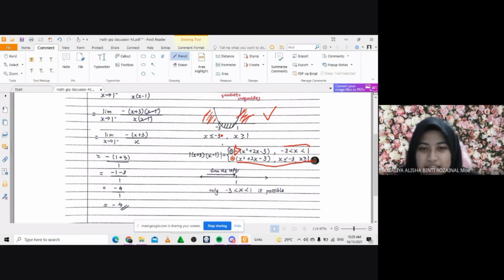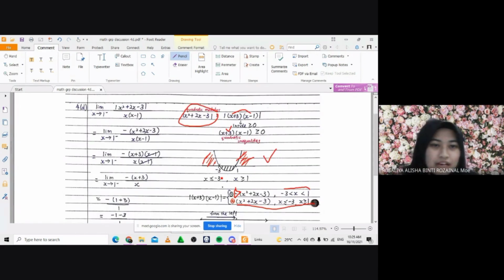So when it is from the left, it is impossible that x is bigger or equal to 1. So instead, only the first equation, which is the negative x squared plus 2x minus 3 equation, is the only one that is possible.